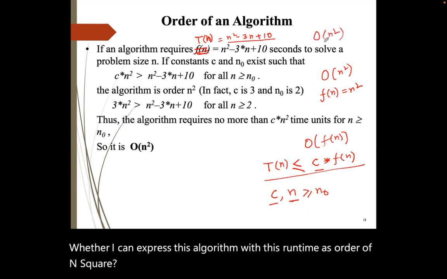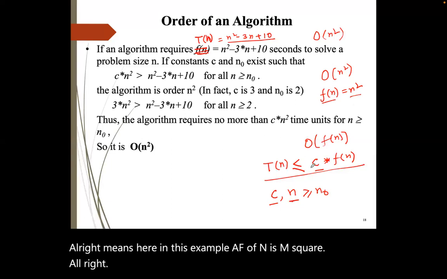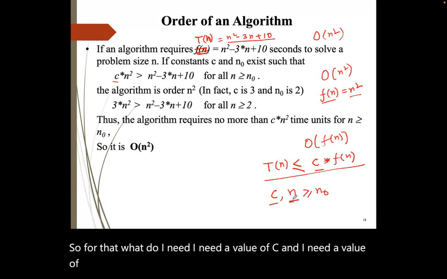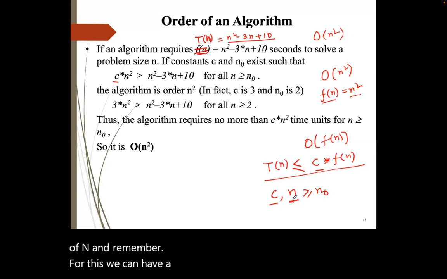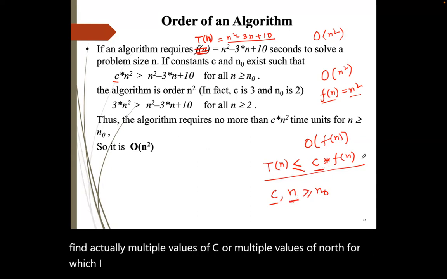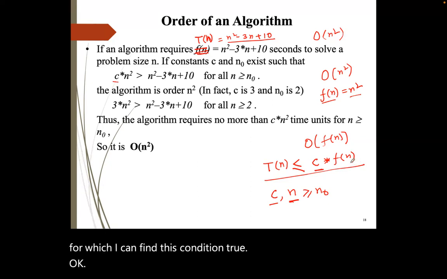Here in this example, f of n is n square. For that, I need a value of c and a value of n. And remember, we can have multiple solutions; I may find multiple values of c or multiple values of n for which this condition is true.